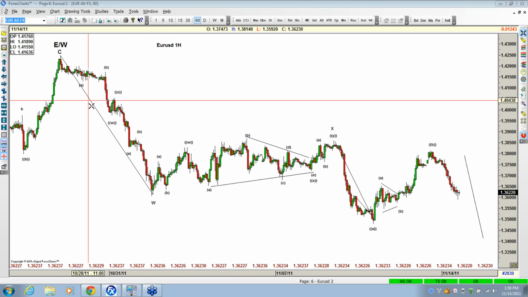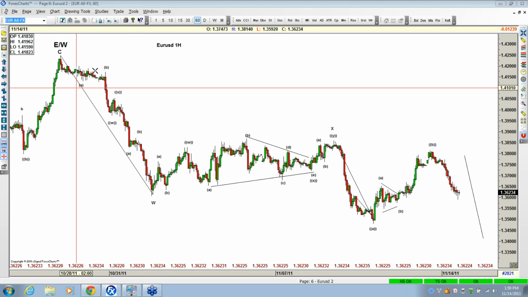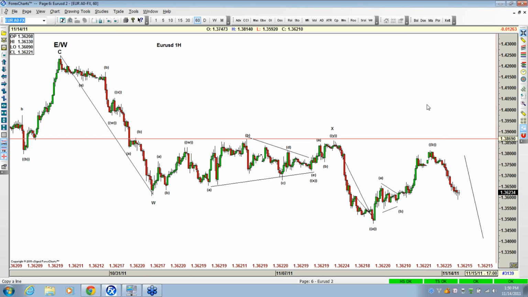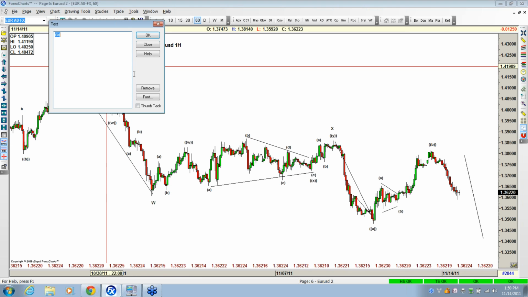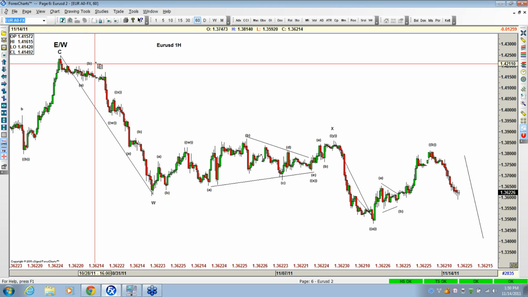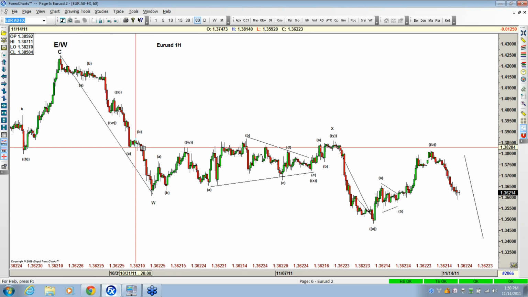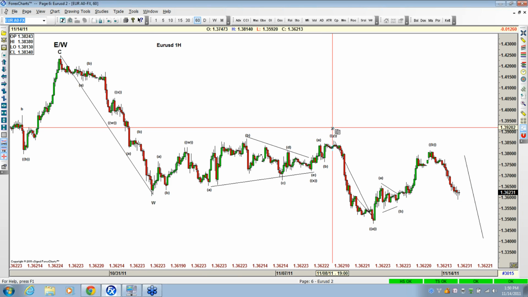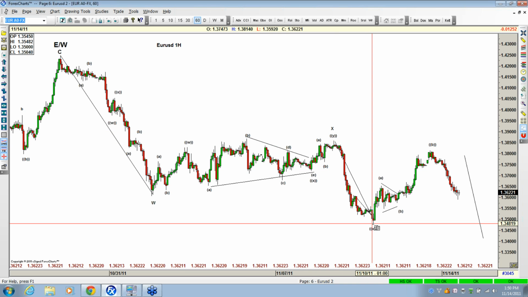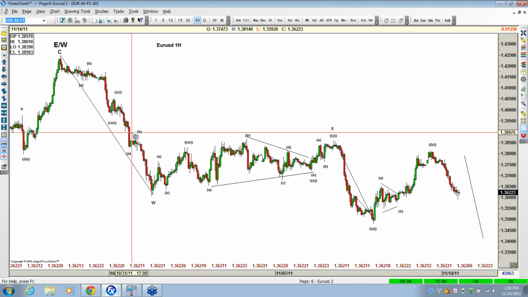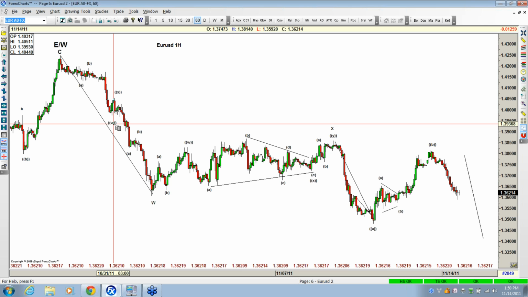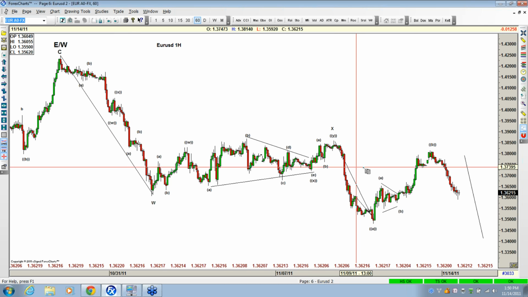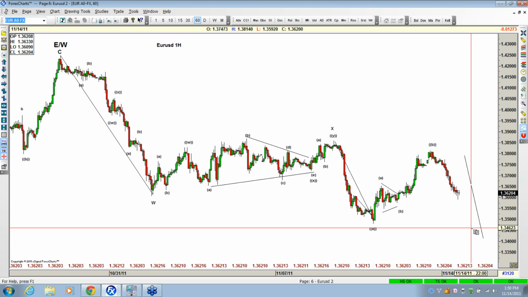What you have, a questionable 5 or ABC, or you have ABCW, ABCY. And then this is W and this is S. In other words, you are possibly around this area. And what you need? More downside in the euro.